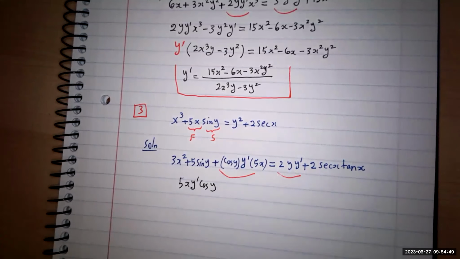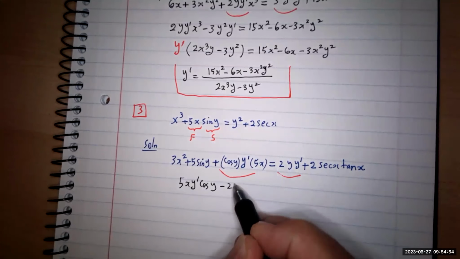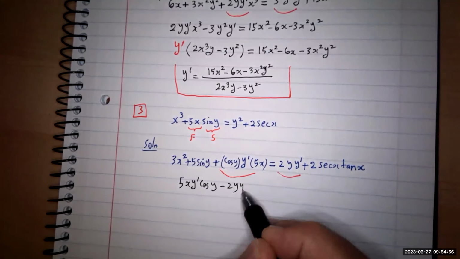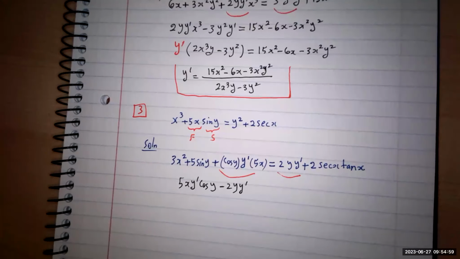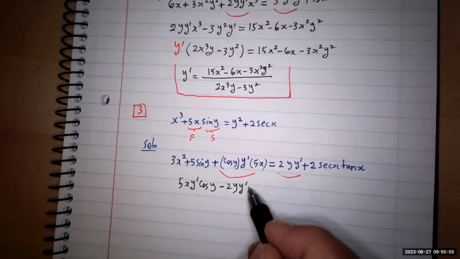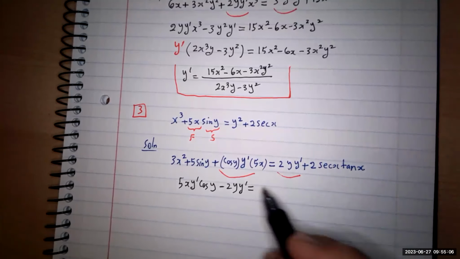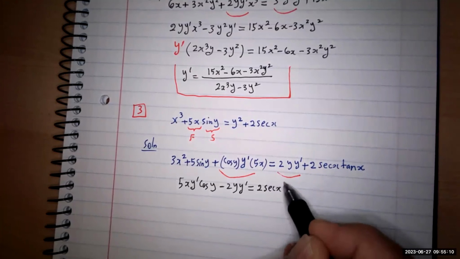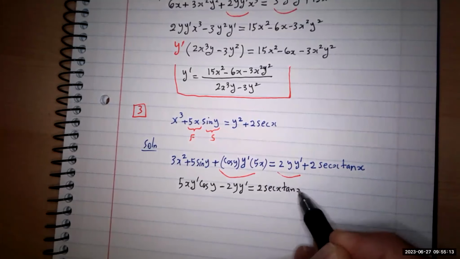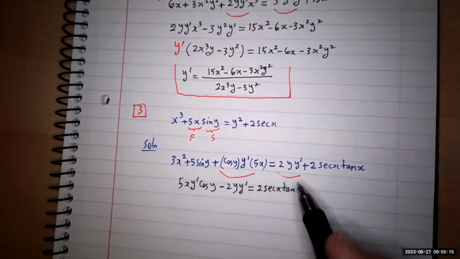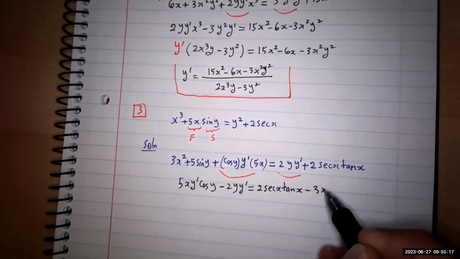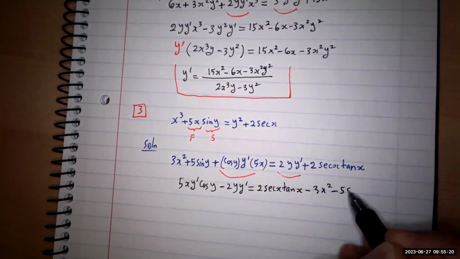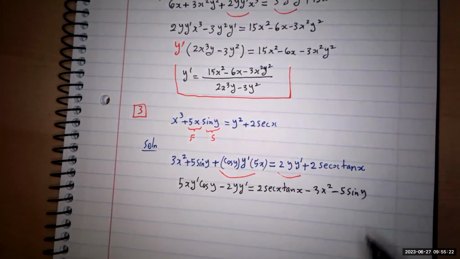Okay, I just put the monomial up in front. I have this one, which is minus 2y y prime. Okay, 5x y prime cosine y minus 2y y prime, which is going to be equal to, the leftover is 2 secant of x tangent of x. And you subtract 3x squared and minus 5 sine of y.